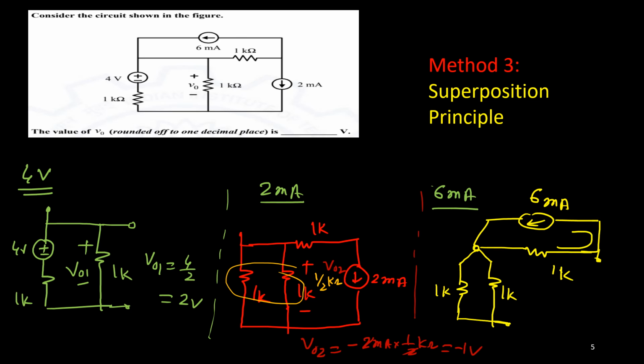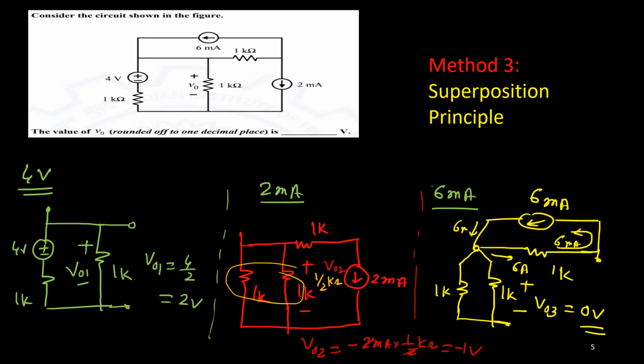So this branch current is also 6 milliampere. This leaving current is 6 milliampere, and this incoming current is 6 milliampere. So no current will flow in this branch. This is in series, 1k and 1k, but no current will flow. As no current is flowing, the potential across this one, V03, will be 0 volt.